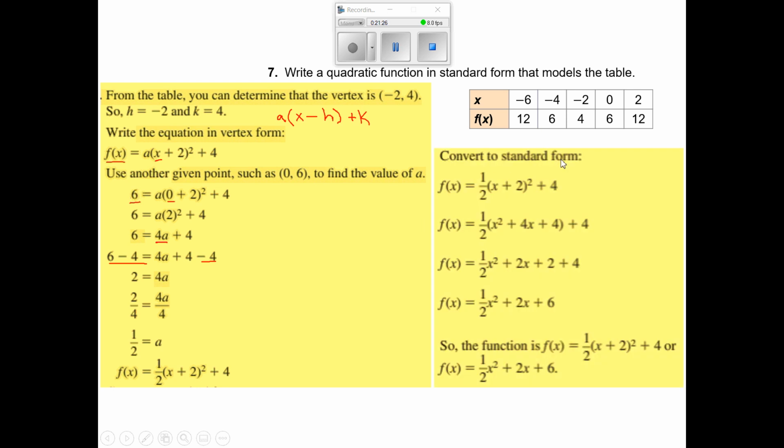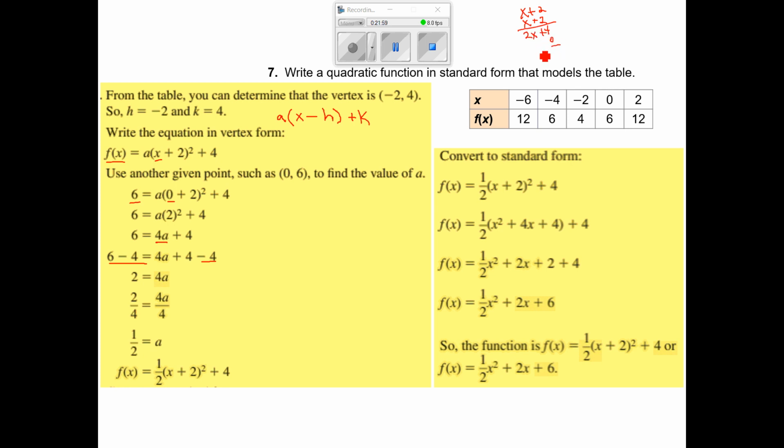I'm going to convert it to standard form, because that's what it says. I'll write it in standard form. And that simply means once I have my formula, I'm going to go ahead and solve it. Well, X plus 2 squared, in case you can see where I got that, is X plus 2 times X plus 2. 2 plus 2 is 4. 2 times X is 2X.